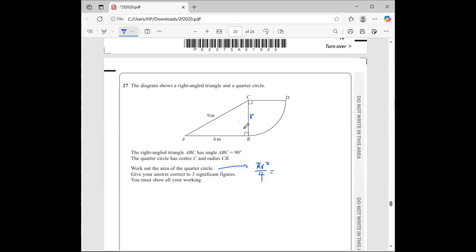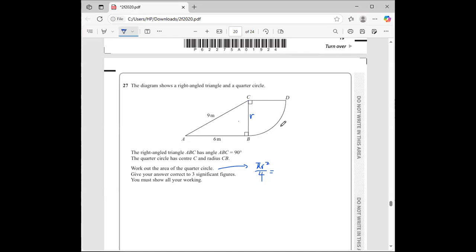So how do we find this side of the right angle triangle? Can you figure that out? It's still Pythagoras theorem we're going to use, isn't it? Okay, so let's use Pythagoras theorem.